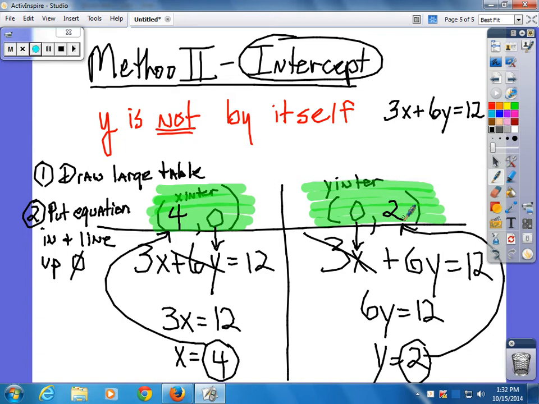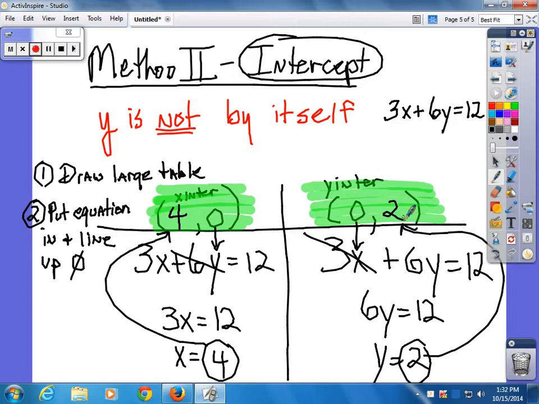Okay? And that's method 2. One thing about method 2 is it's the quickest and the easiest and the simplest. But it's the most prone to make a what? Mistake. And that mistake is plotting the wrong point.